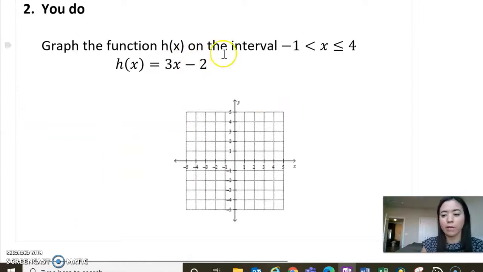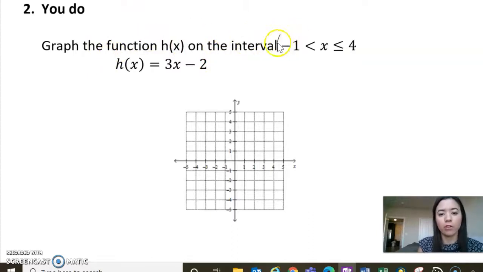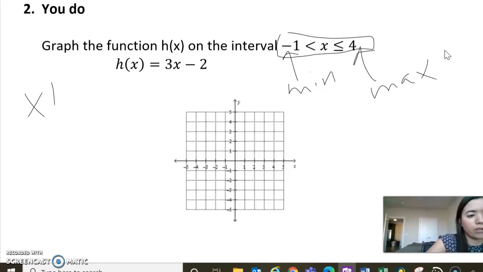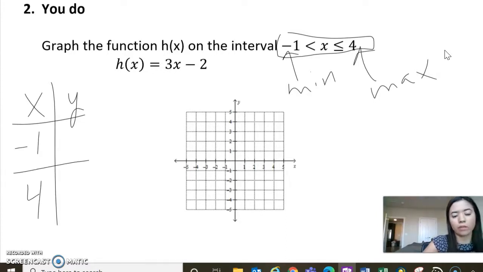So down here, I'm going to get you started, and then you're going to finish it. We have graph the function on the interval, on the domain -1 to 4. So this is your minimum x value, this is your maximum x value. So that's what we're going to make our table out of. So we have -1 and then 4.